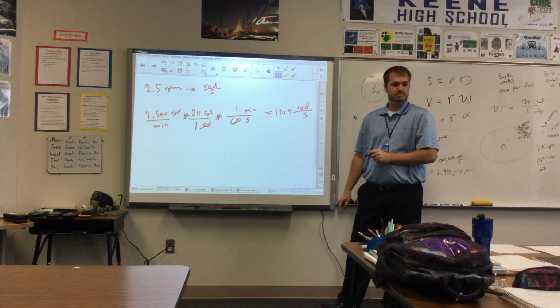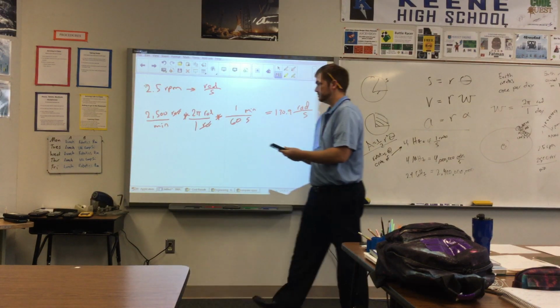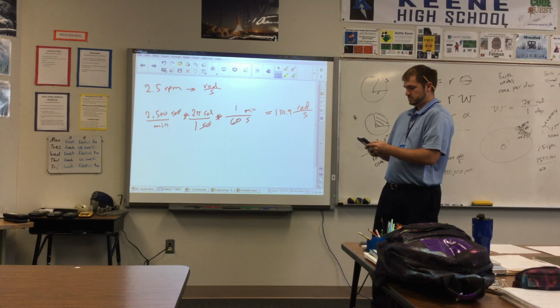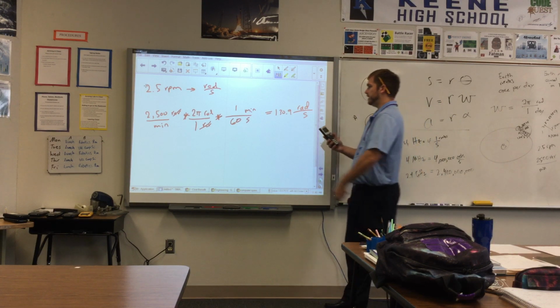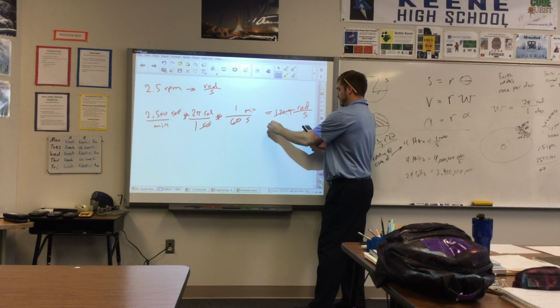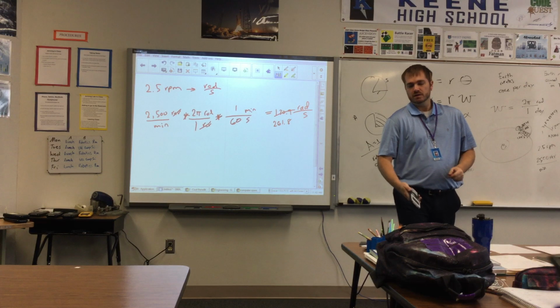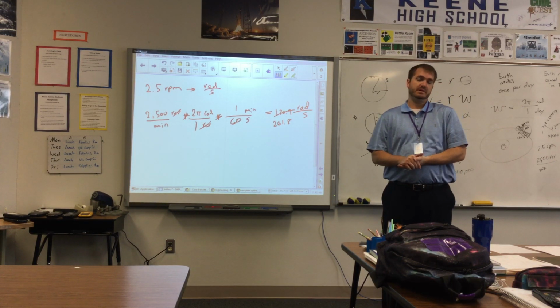Maybe I did it wrong. I did it by pi instead of 2 pi. That's fine. I got 261.8. Okay, I agree. Okay, is that a realistic number? Sure. Maybe.